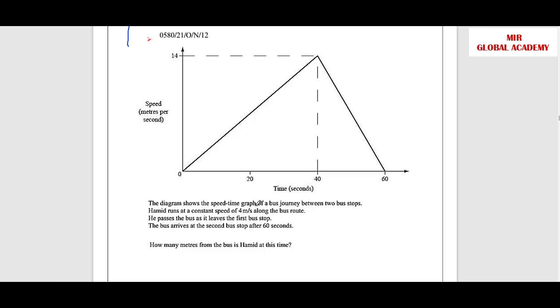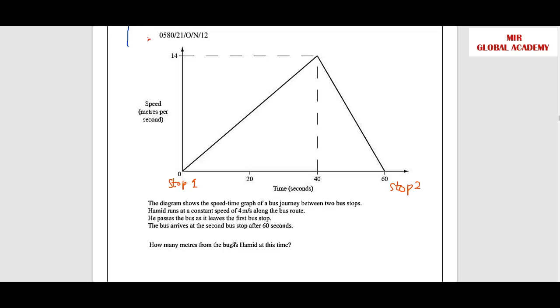The diagram shows a speed time graph of a bus journey between two bus stops. This is stop number 1 and this is stop number 2. Hamid runs at a constant speed of 4 meters per second along the bus route. He passes the bus as it leaves the first bus stop. The bus arrives at the second bus stop after 60 seconds.